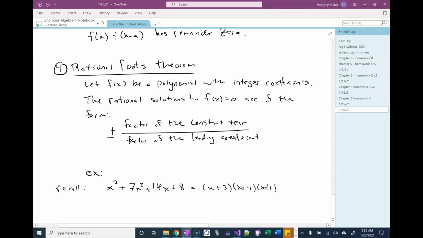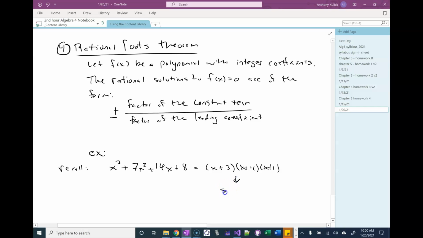So remember from the homework, we had factored this polynomial, x cubed plus 7x squared plus 14x plus 8. It factors to x plus 3 times x plus 4 times x plus 1. We did this together in class as an example, but it was in the homework assignment from the previous night.